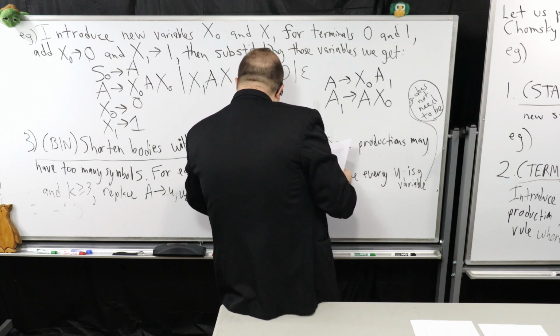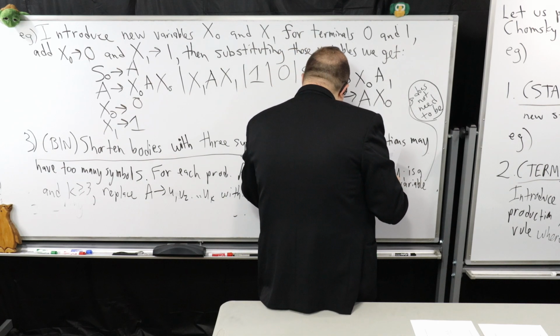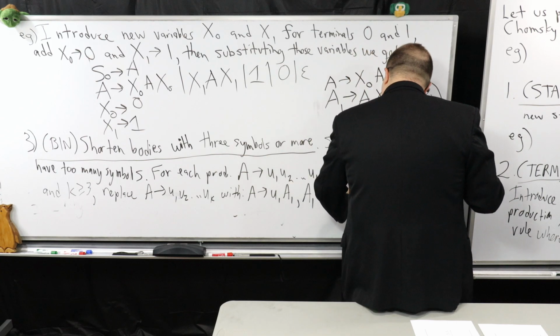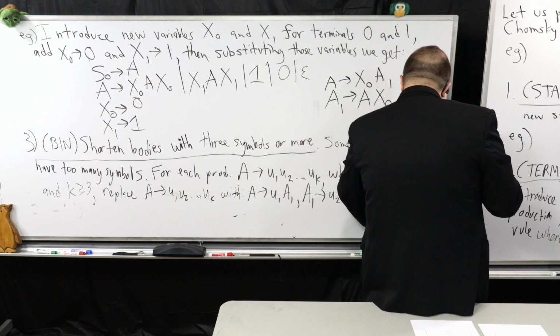You're going to have A produces U1, A1. A1 is going to produce U2, A2. Then A2 will produce U3, A3.